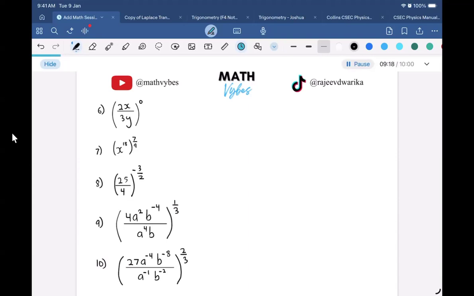So guys, if you end up with something like 2 to the power 3, you could simplify the next line by saying that's 8. So keep that in mind.